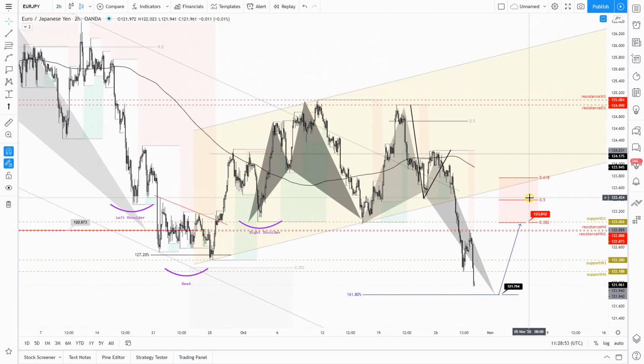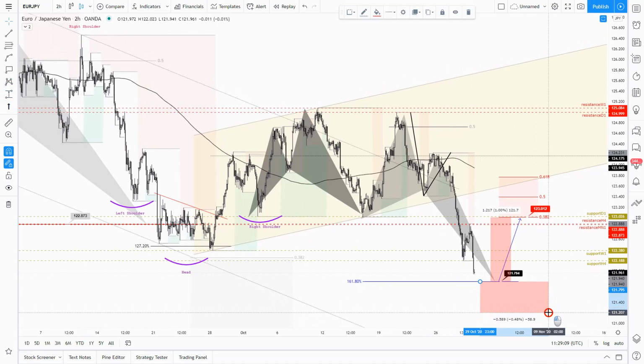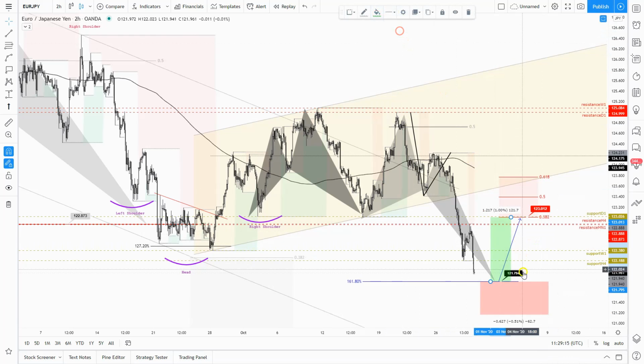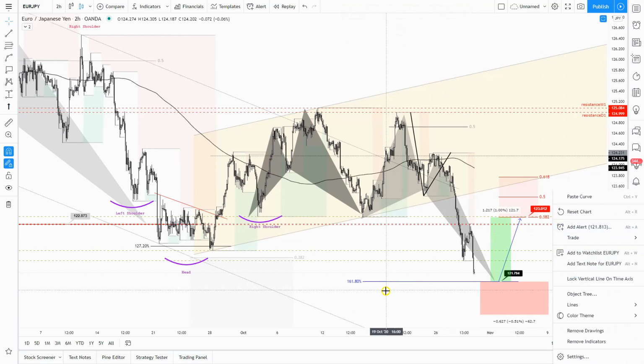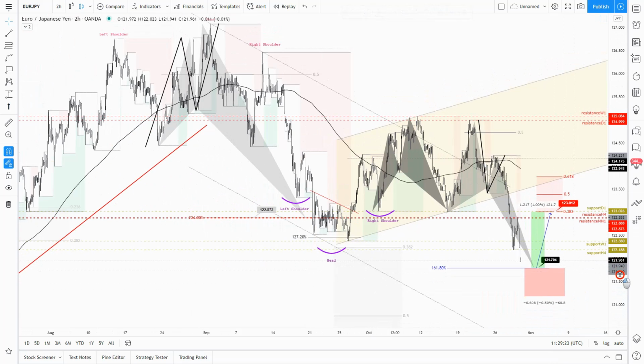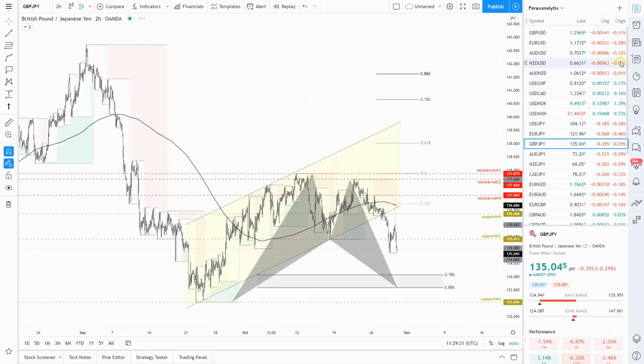Same exercise as always, completion point, default targets projected above, measure your default target, 121 points, which makes this a 60 points stop loss below, as a 1-2 risk reward approach. That's what it is. Bullish crab pattern for euro versus the yen, approaching the completion point.